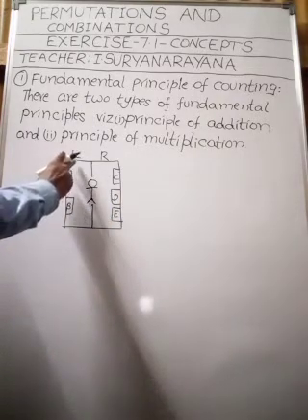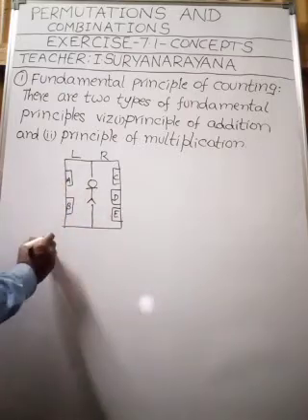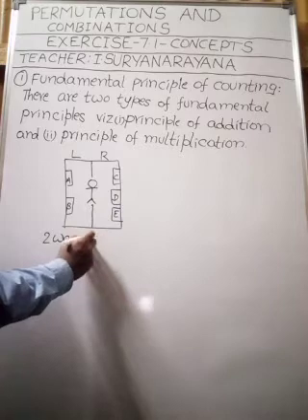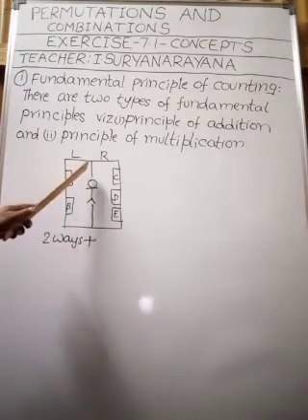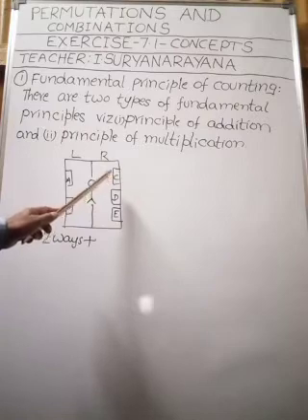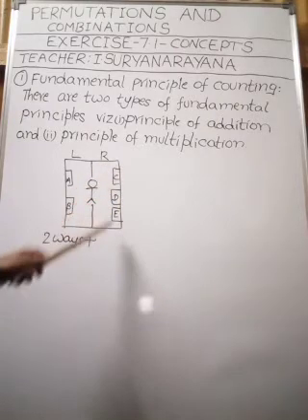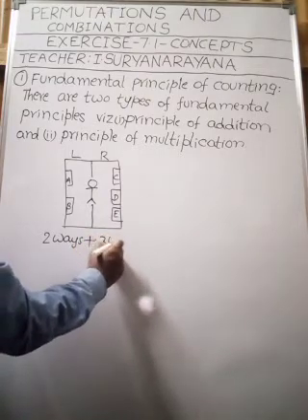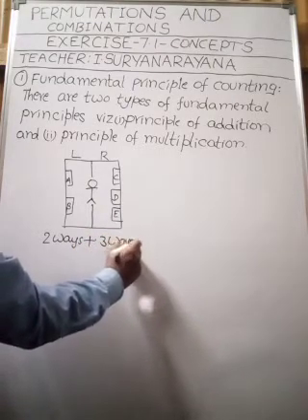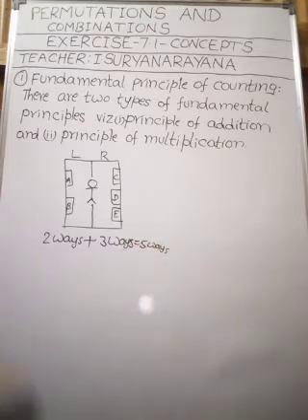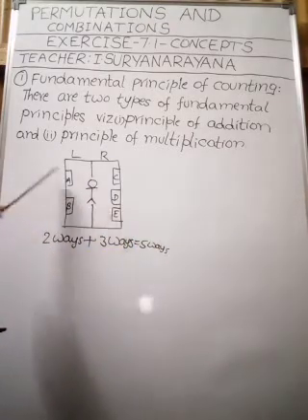So this can be done in two ways. If he wants to come out of the room from the right side, how many doors are there? Three ways, three doors. Total five ways. So in five ways he can come out of the room.